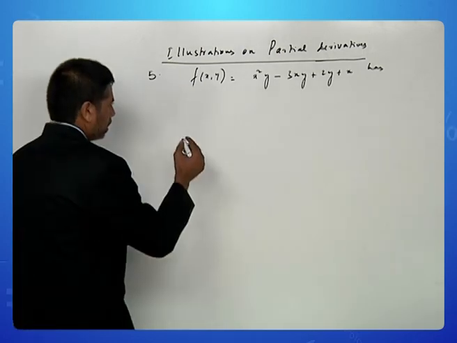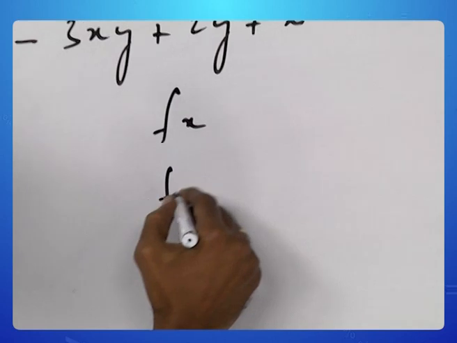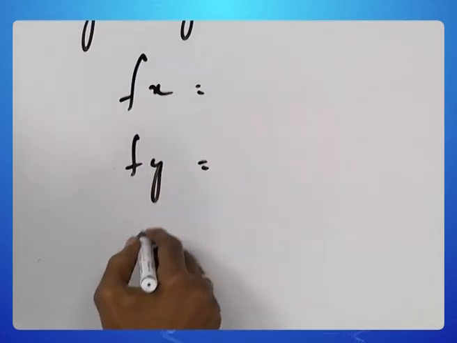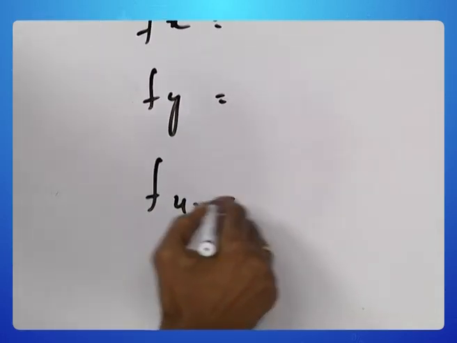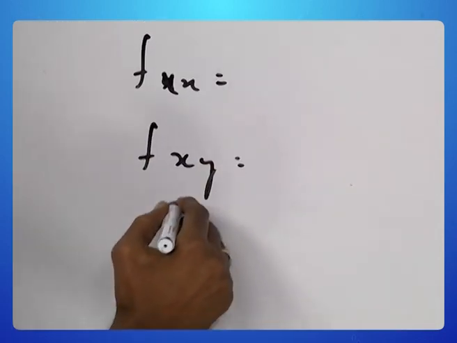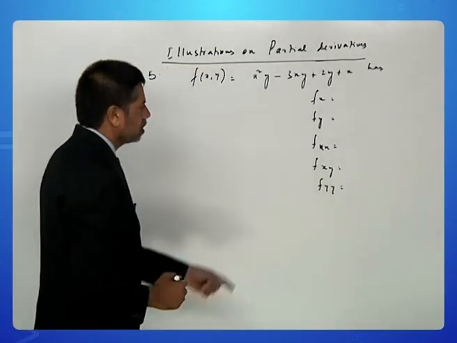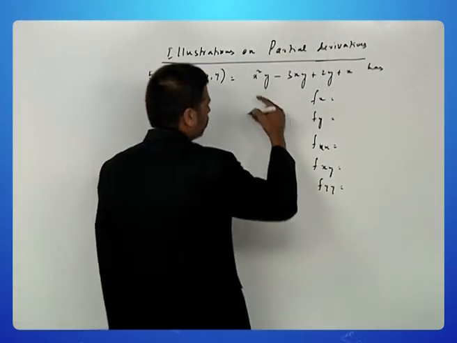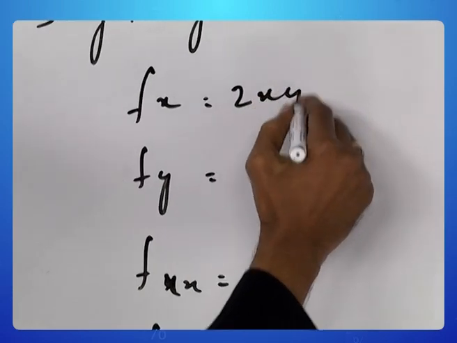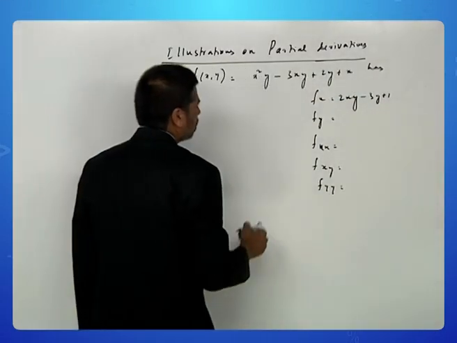This question is based on function optimization, and let us go through the process quickly. First, get the partial derivatives. For function optimization, you work out first order and second order partial derivatives. Fx is dou f by dou x, which is 2xy minus 3y plus 1.